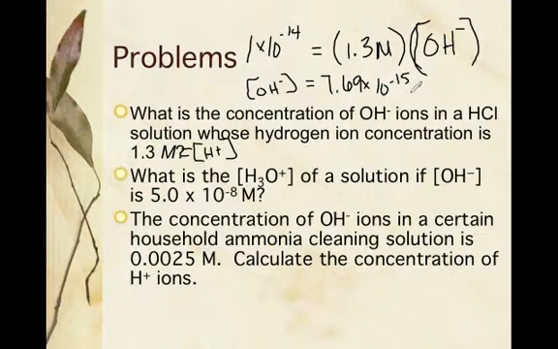Which one's larger? 1.3 is much larger than this number, isn't it? Oh, it's to the negative 15. Right, remember our exponents, so times 10 to the negative 15. We're like 0.0000, 14 zeros and 769. So our H plus concentration is much larger, which means that the solution is acidic.